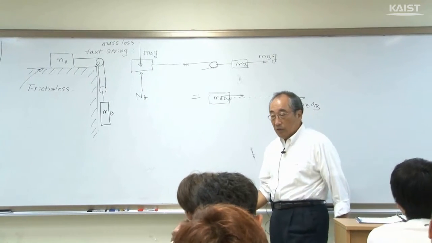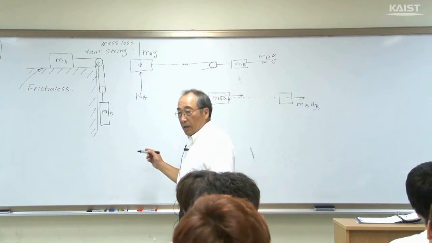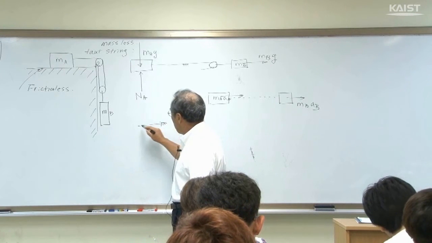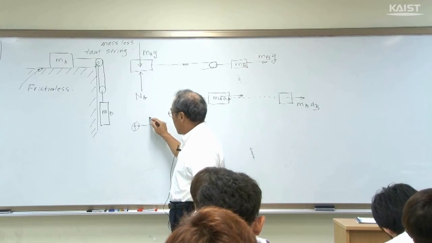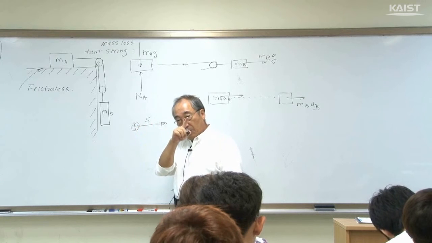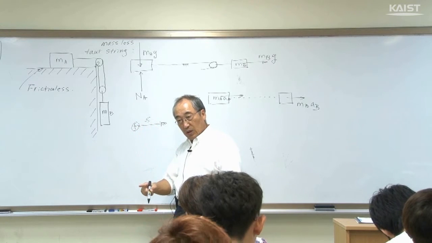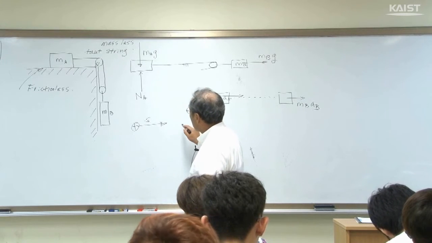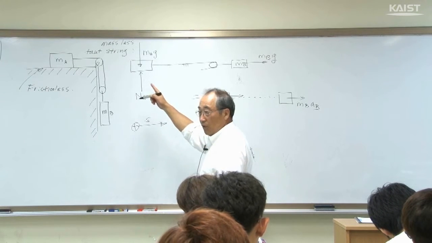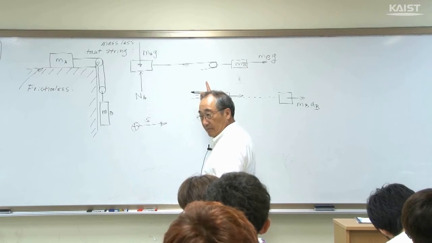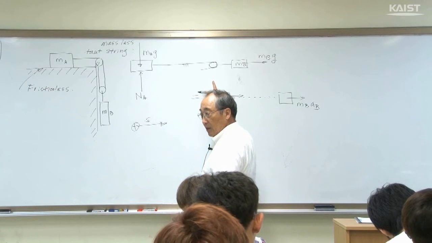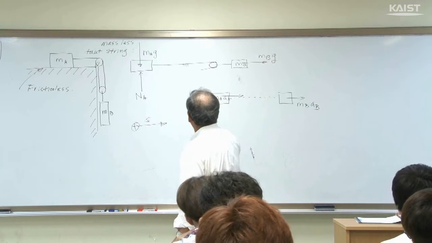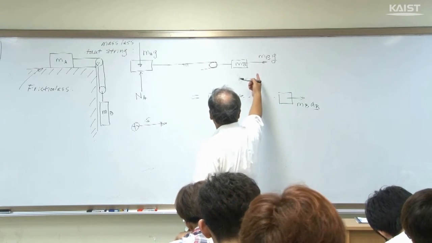And then he argued that, okay, let's consider the force in this direction only. Say this is the S direction, following the chord of the taut string. And I can say there is no force in this direction, right? Nothing, except this.